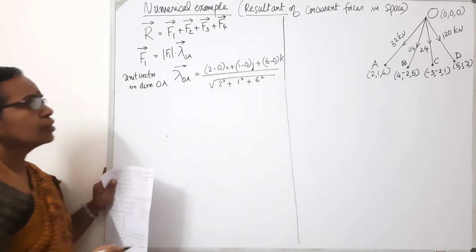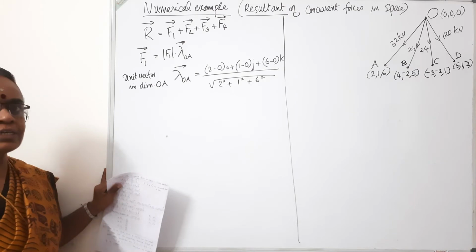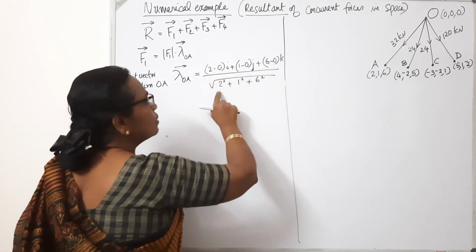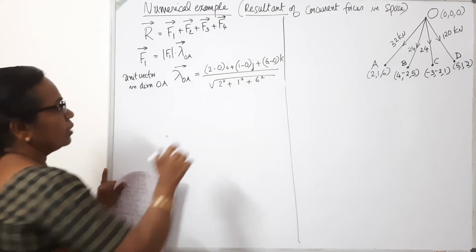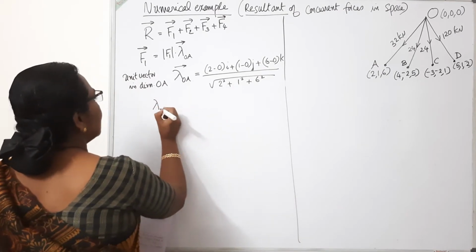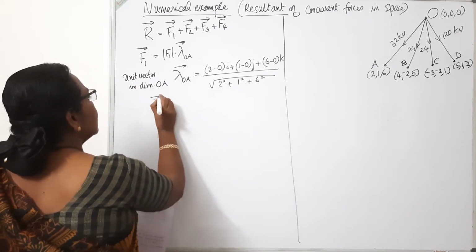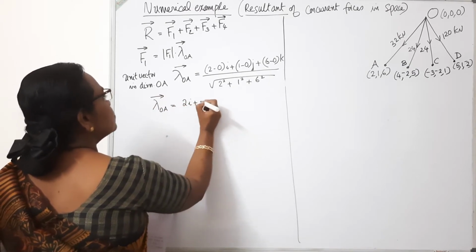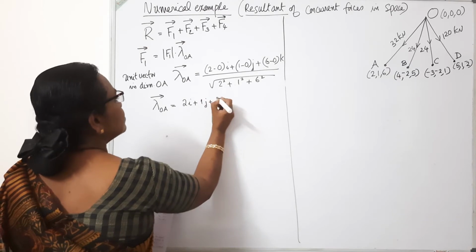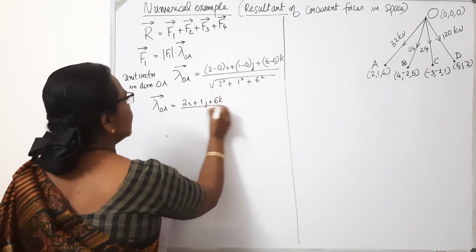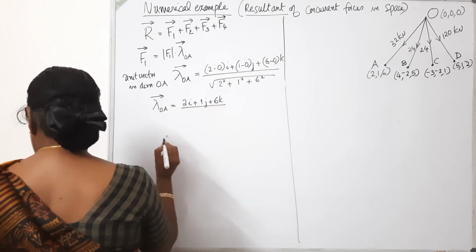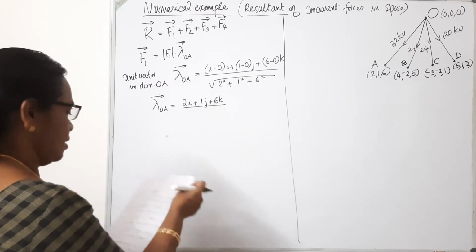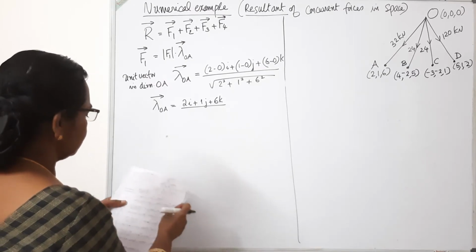So this is the unit vector. The unit vector in the direction of OA is given by the position vector OA divided by the magnitude of OA. So that will work out to lambda OA equal to 2i plus 1j plus 6k divided by root 41.